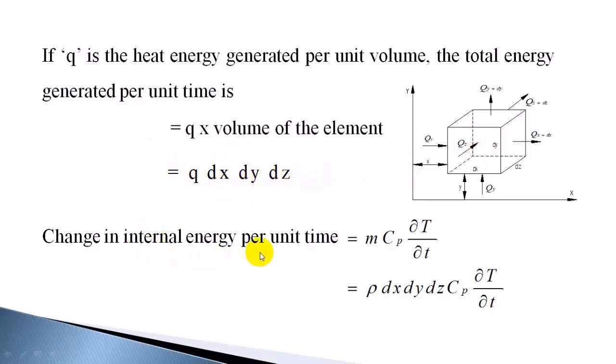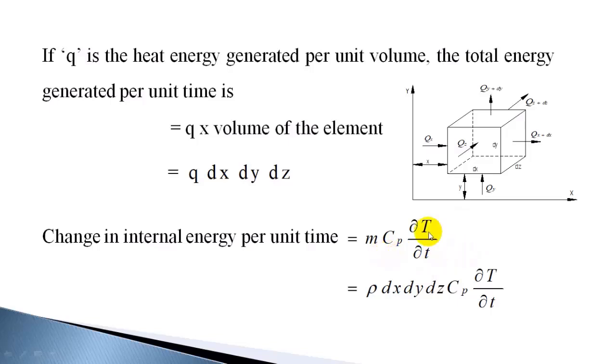Now, the last term of the equation is change in internal energy per unit time. So, the right hand side is change in internal energy per unit time. Change in internal energy you can calculate as m Cp into ∂T/∂t. Again, the partial derivative is used because temperature is varying with respect to time and also with respect to spatial coordinate.